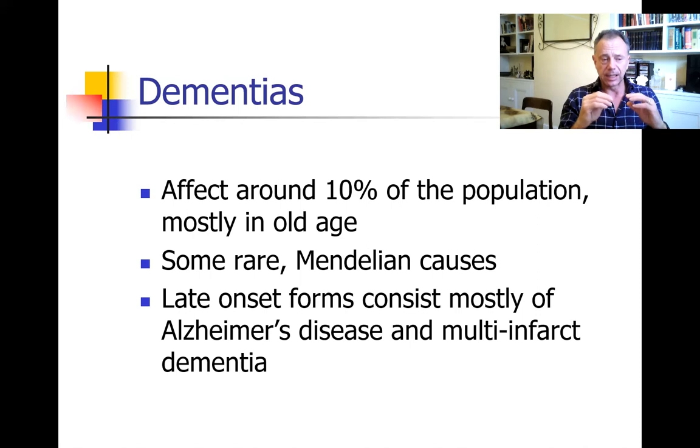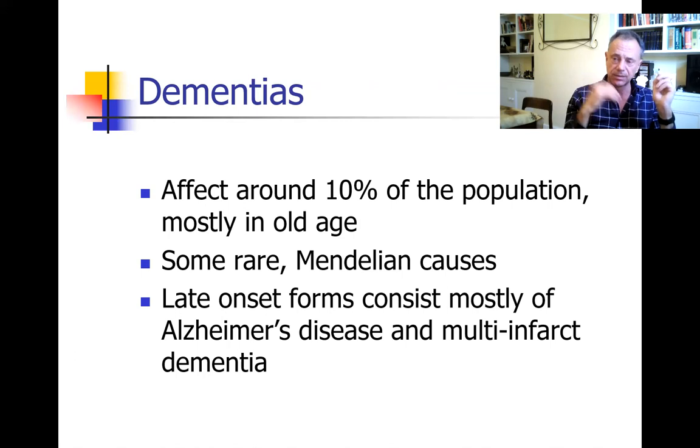So just to say, from a genetics point of view, there are some very rare dementias which have genetic causes, Mendelian genetic causes, and most of dementia is either Alzheimer's disease or something called multi-infarct dementia. Multi-infarct dementia is where you have lots of little blockages of the blood vessels in your brain.